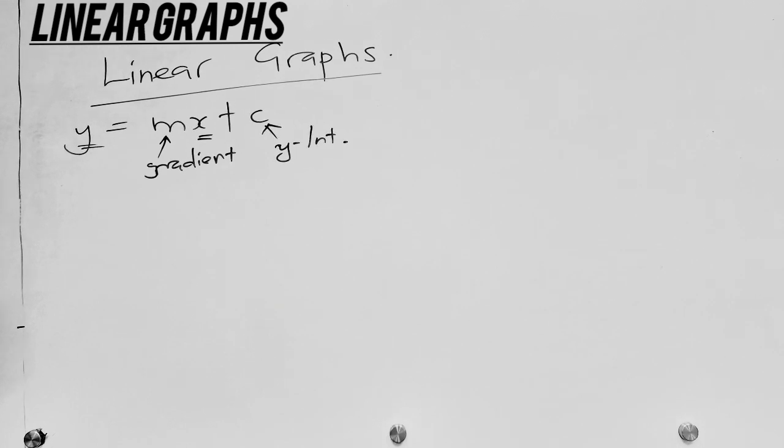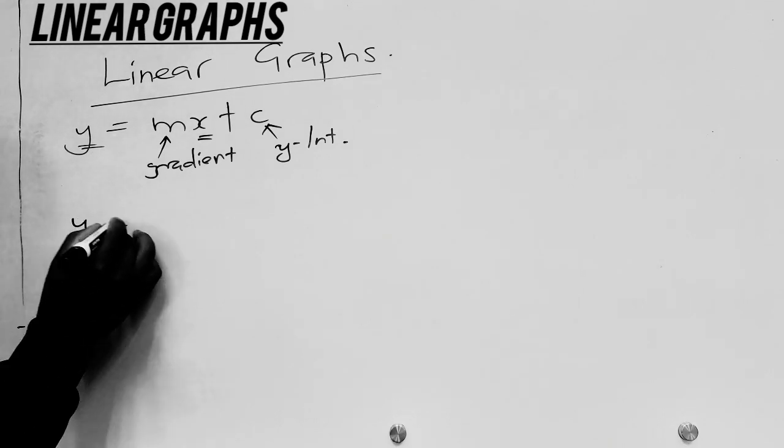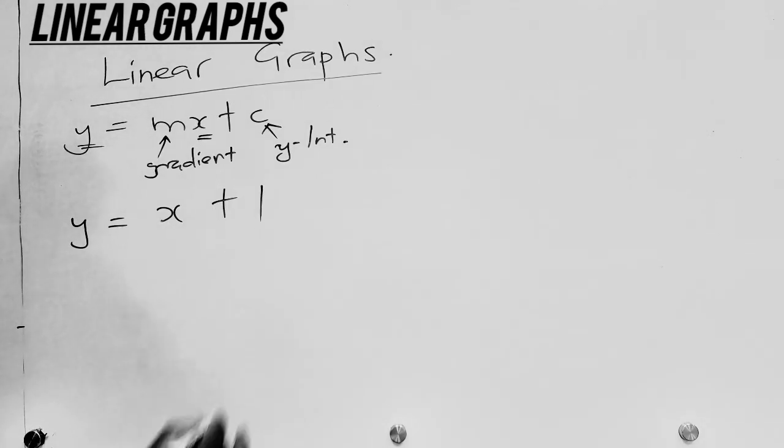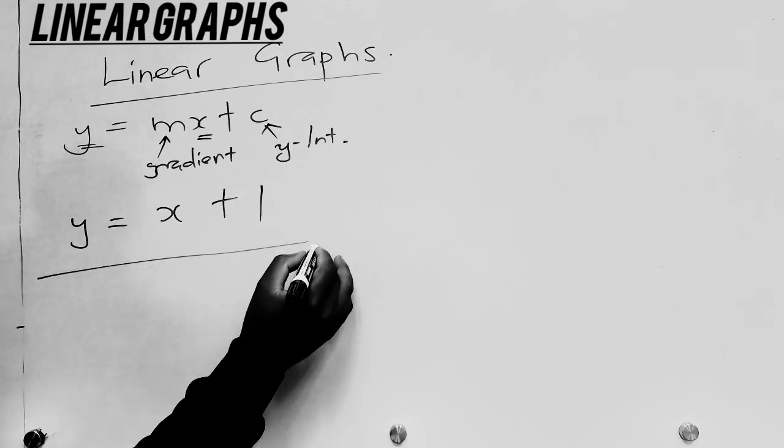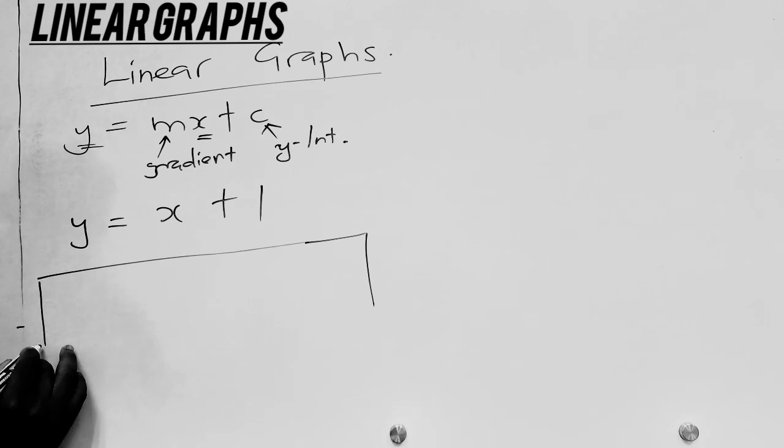So we want to see how to sketch these linear graphs. What we do when sketching linear graphs is we need to have a table of values. For example, let's sketch this graph: y is equal to x plus 1. So what we need is a table of values, of x and y values.